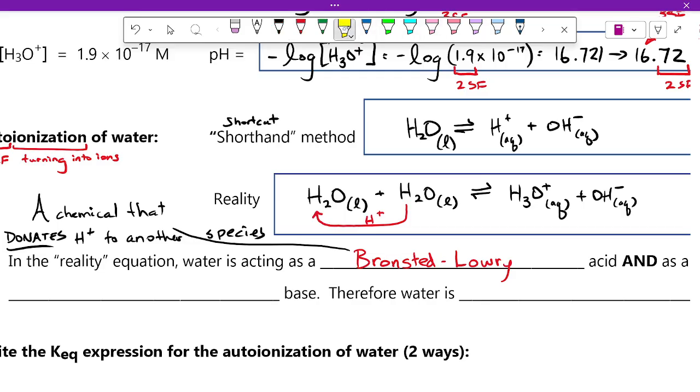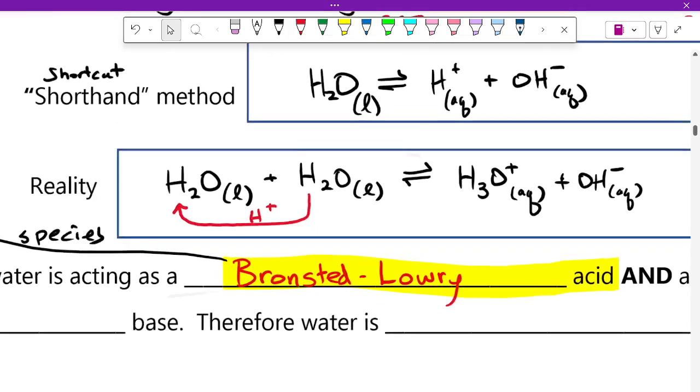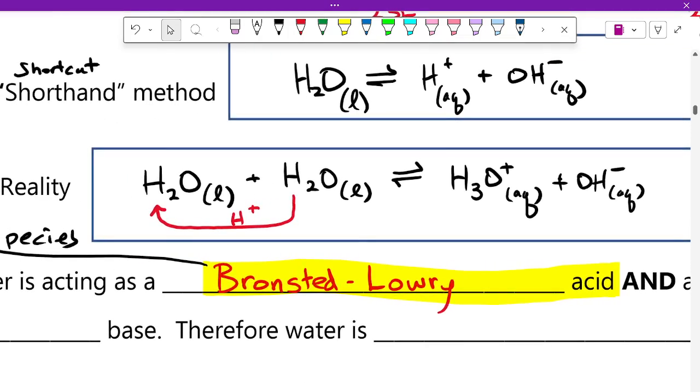So we have a Bronsted-Lowry acid. It donates hydrogen. Out of those two waters, is the first water or the second water a Bronsted-Lowry acid? Who is the Bronsted-Lowry acid according to our little diagram there? The second one. So that's our Bronsted-Lowry acid. Okay.